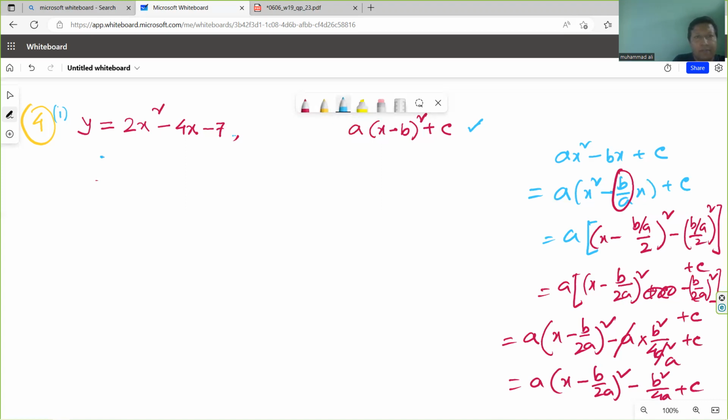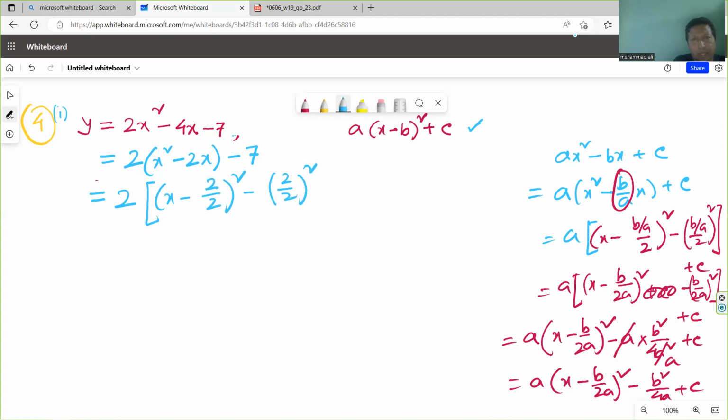For this maths, at first we take 2 common. So it will be 2(x² − 2x) − 7. After that, use the completing square method: 2[(x − 2/2)² − (2/2)²] − 7. So we get 2[(x − 1)² − 1²] − 7.